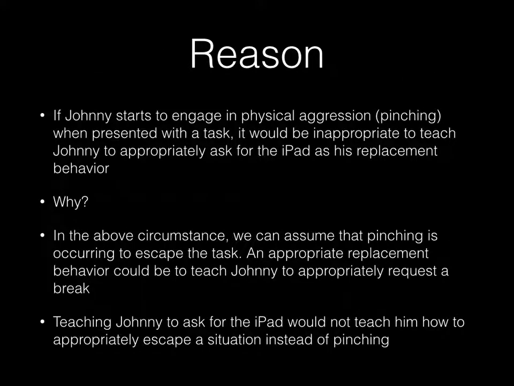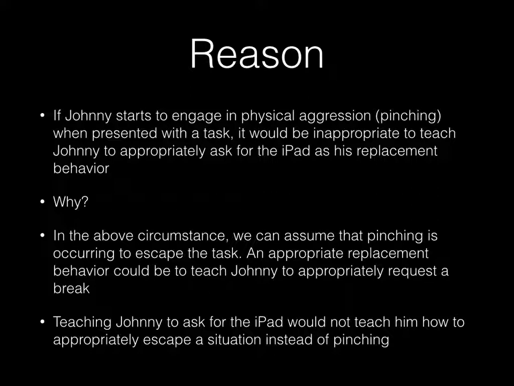Why is that important? Let's say that Johnny starts to engage in physical aggression, pinching, when presented with a task. It would be inappropriate to teach Johnny to appropriately ask for the iPad as his replacement behavior. Why? In the above circumstance, we can assume that pinching is occurring to escape the task.